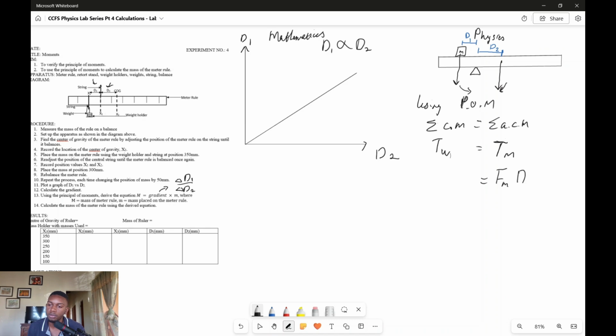D1. Now, what about the weight of the ruler? The weight is a force, so we have the weight multiplied by the distance, and this is D2.